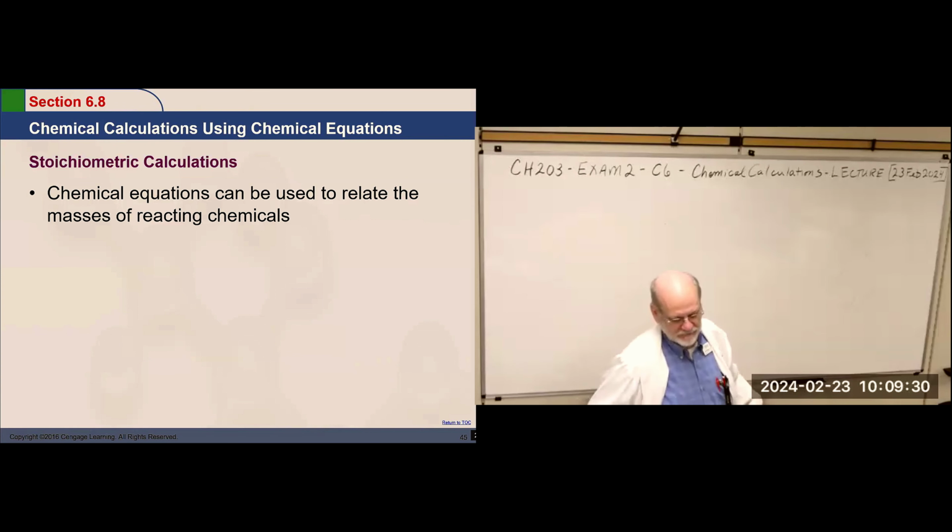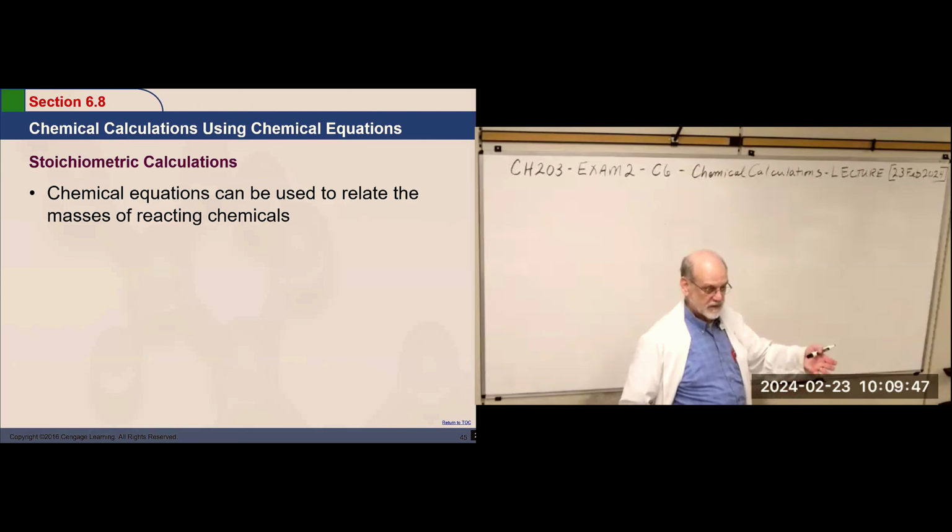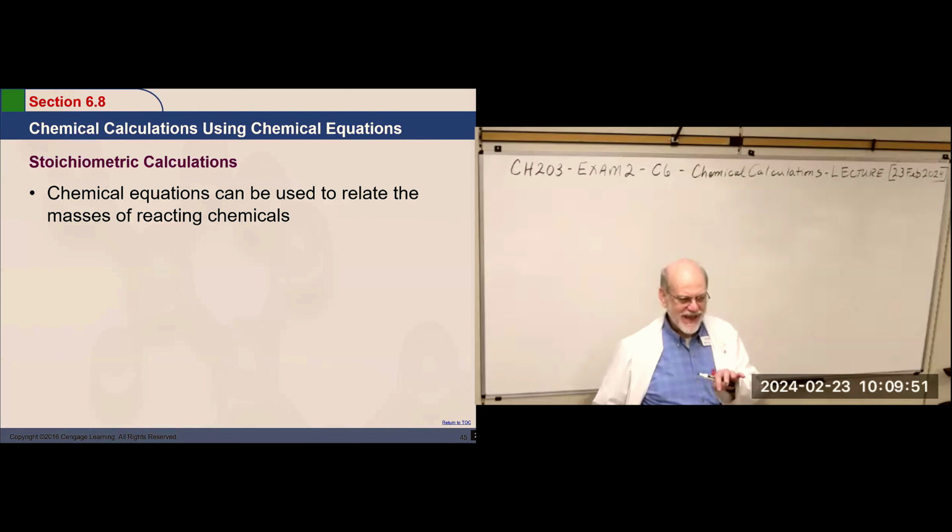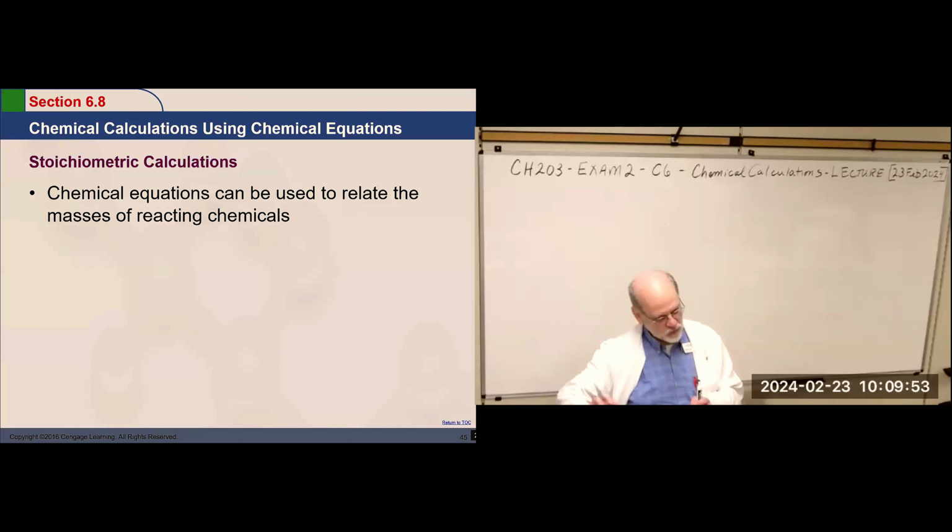Stoichiometric calculations. I mean, we mentioned stoichiometry before, didn't we? There's one slide at the end of one of our chapters. Stoichiometry relates the masses of reactants and products. Well, in the beginning, it's masses. Right? You can go further with it, but we're going to stick with masses.